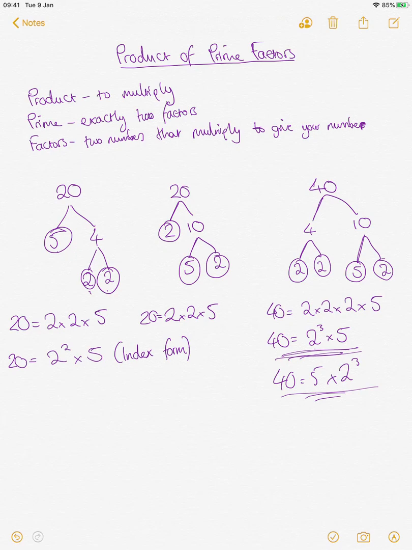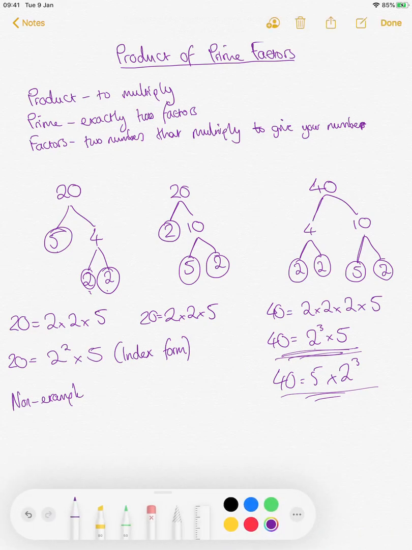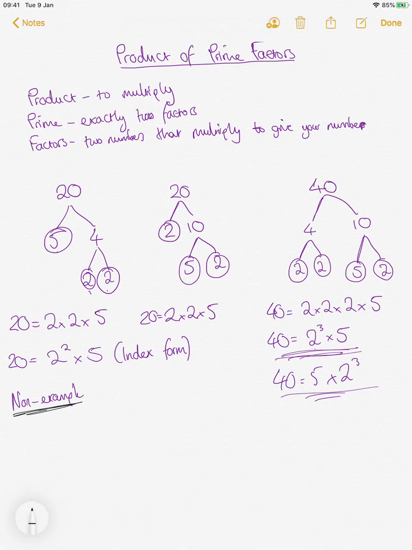Right, I'm going to show you, like I did yesterday, a non-example. Let's carry on with the theme from yesterday and do it in a different colour. So the non-example, and this is a common mistake that people make.